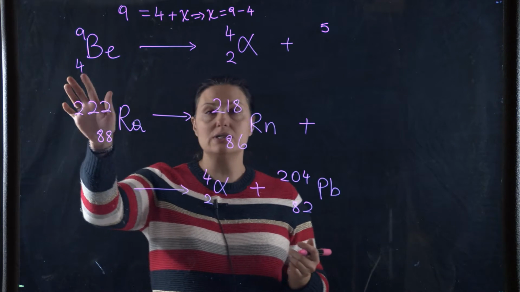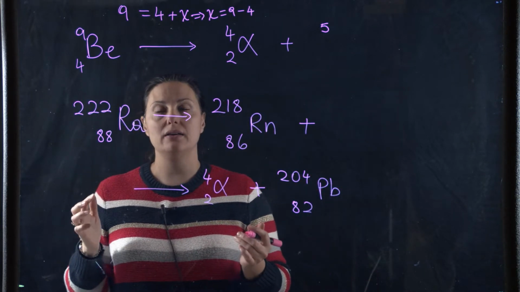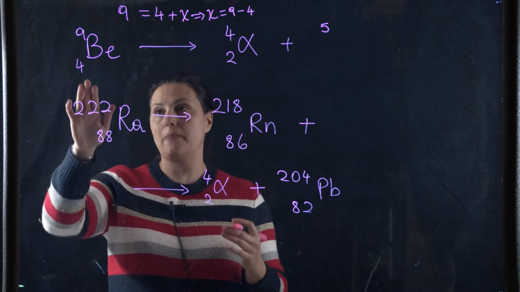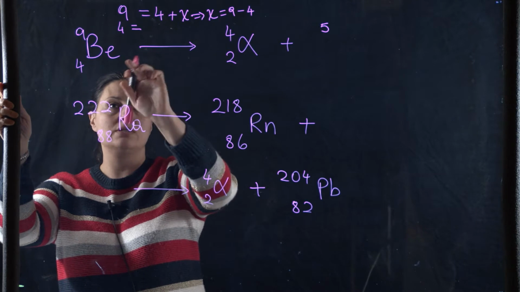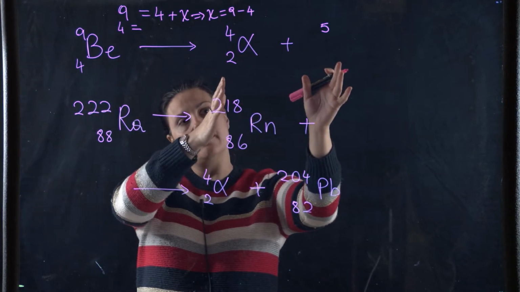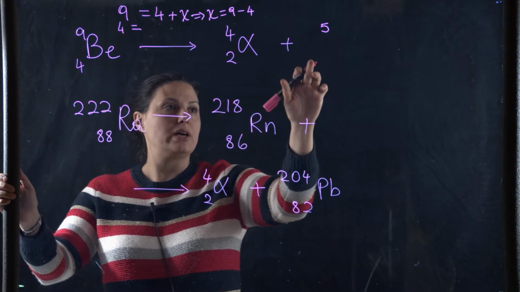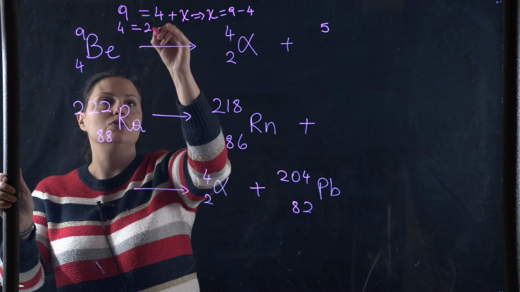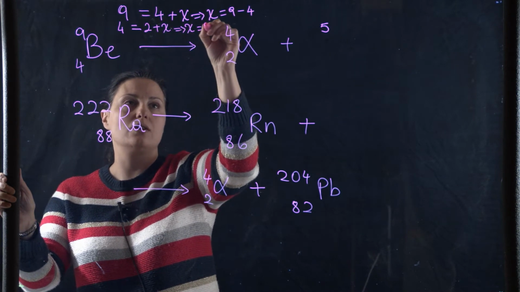Okay, let's do the same thing for the bottom number. This will be my Z, or atomic number. 4 has to equal, that's my equal sign, because I only have 1 on the left-hand side and I have 2 on this side. So 4 has to equal 2 plus x, which means that x has to equal 2.